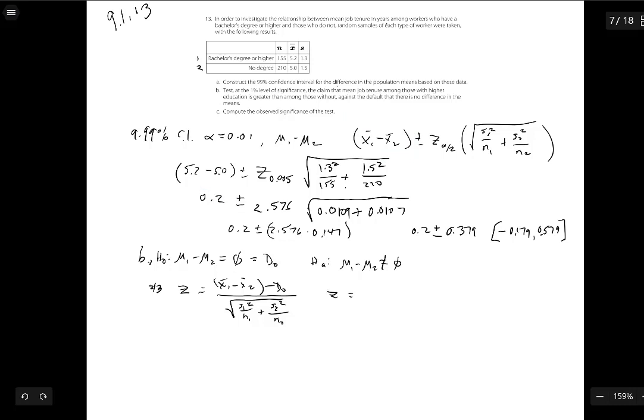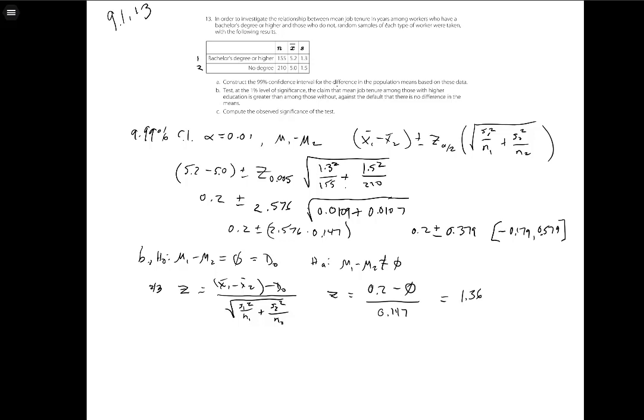So we have our 0.2 minus our 0, which was our D naught in this case, divided by the thing we calculated back up in part A, which is 0.147. So 0.2 divided by 0.147 gives us 1.36. So our value is 1.36. Okay, that's our third step.